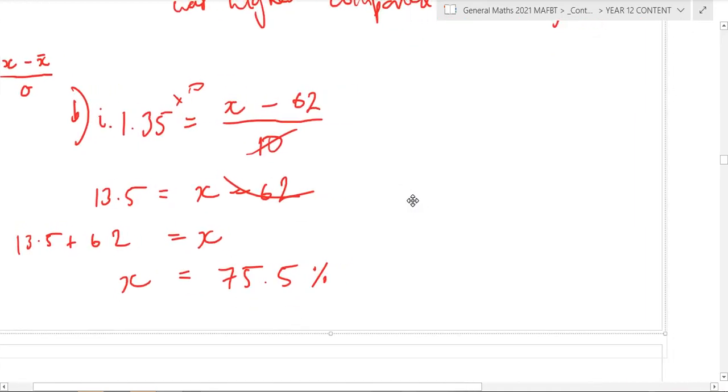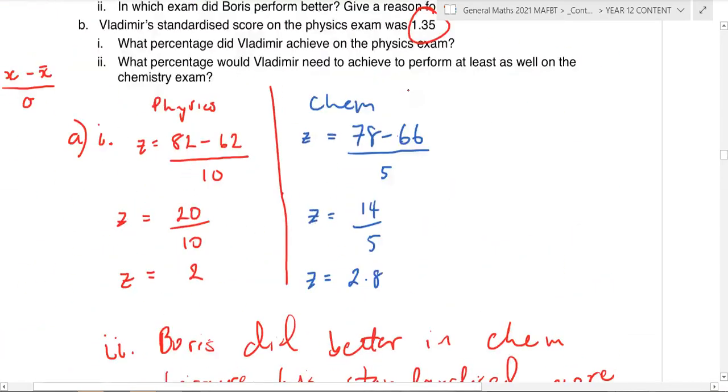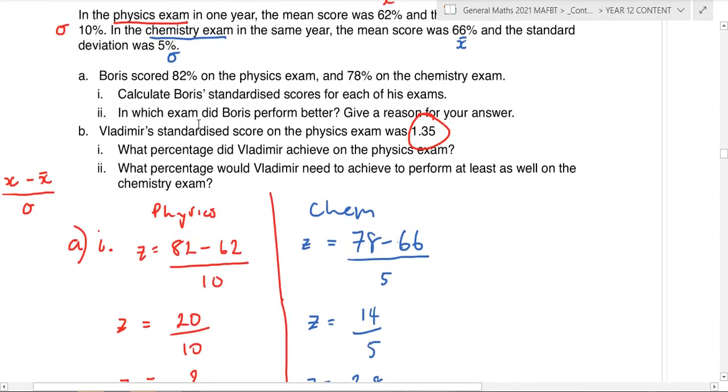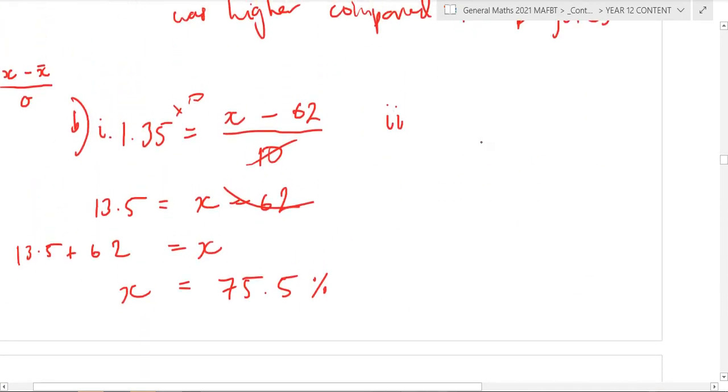Okay, so in that case, for part B, part 2, we're going to look at our physics, the chemistry. So we want him to get a standardized score of 1.35 in chem, right? So for chem, it's going to be 1.35. And we're trying to figure out what score does he need to get in chem to get a standardized score of 1.35.